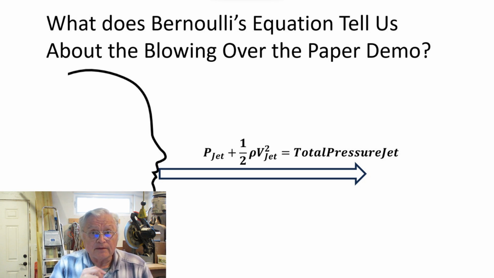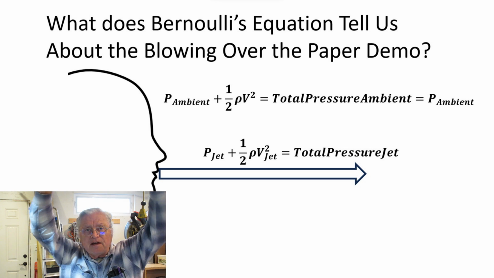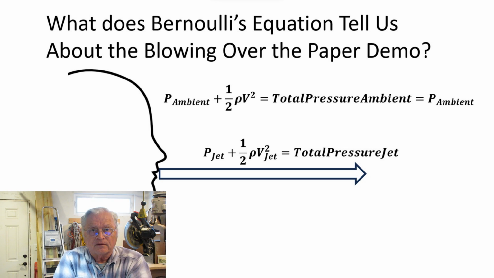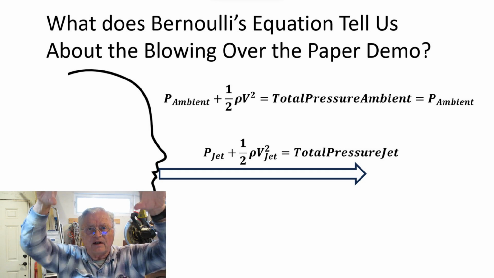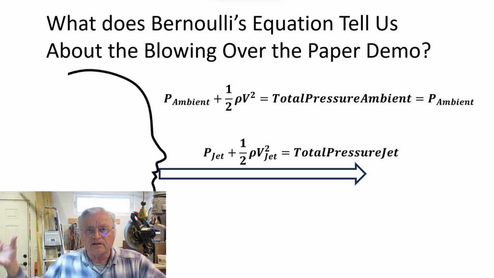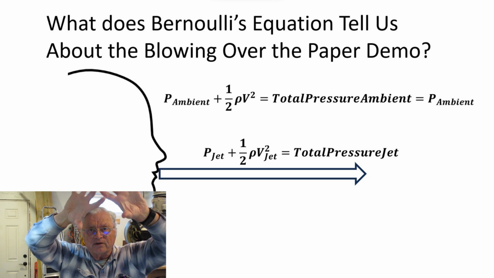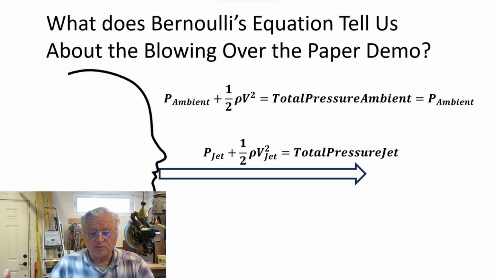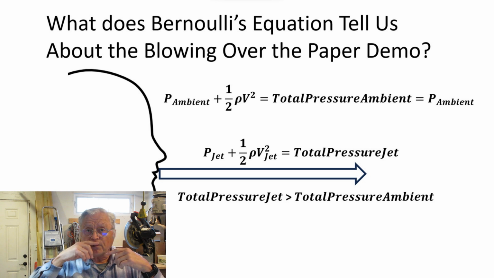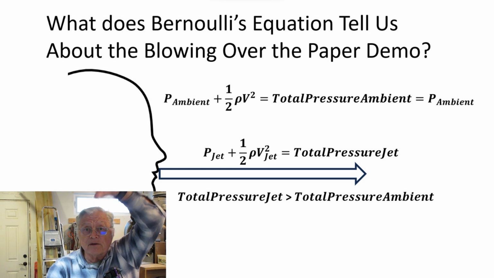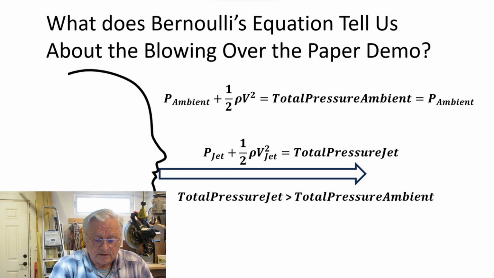And that's fine, okay? But if we look at the ambient air surrounding the jet, there's Bernoulli's equation applied to the ambient air, and the air around that jet, initially at least, is still, so the velocity term is zero. So our total pressure out here is just the ambient pressure, and we know that the total pressure in this jet is higher than the total pressure around it, okay?